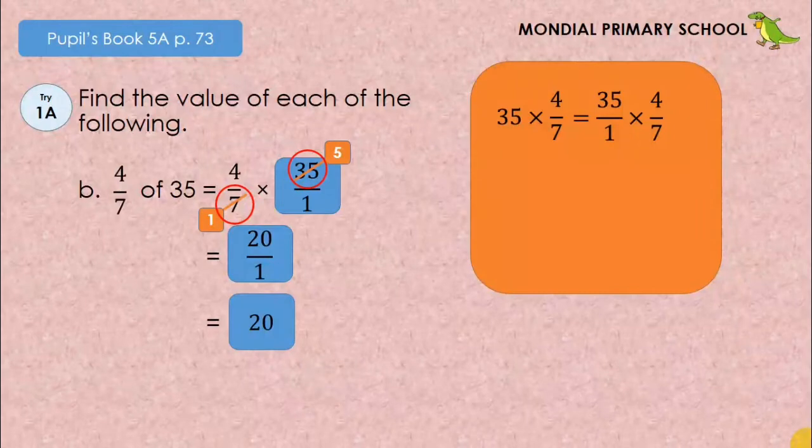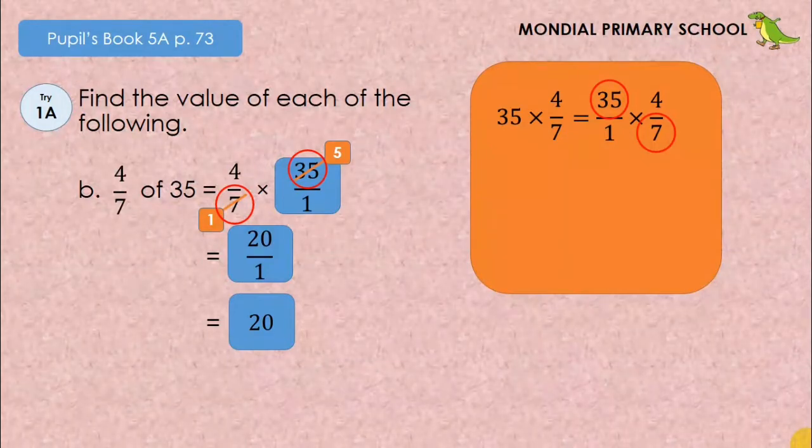Are there any numerators and denominators that can be divided by the same numbers or factors? Yes, the numerator 35 of the first fraction and the denominator 7 of the second fraction have a common factor, that is 7.